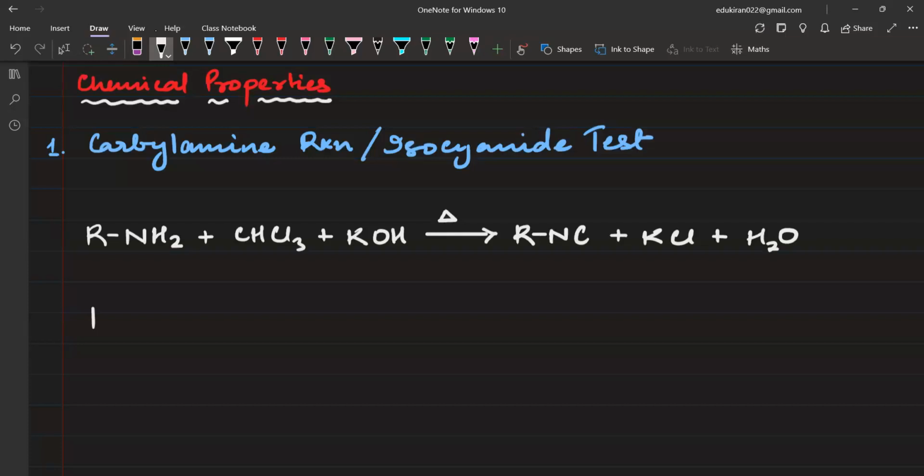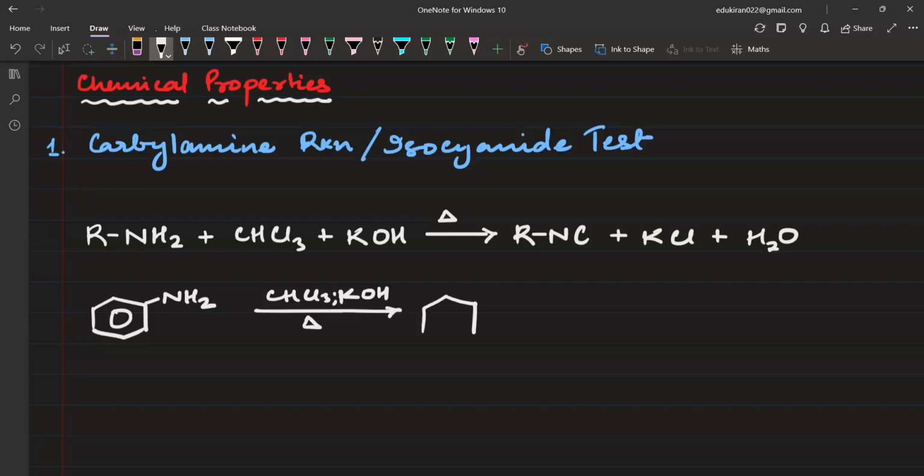So since benzene ring, that is aniline, is also a nitrogen atom attached to one carbon, this is also a primary amine. It also reacts with the same reagents, that is CHCl3, KOH with some heat, and it gives phenyl isocyanide, C6H5NC, plus KCl and H2O.